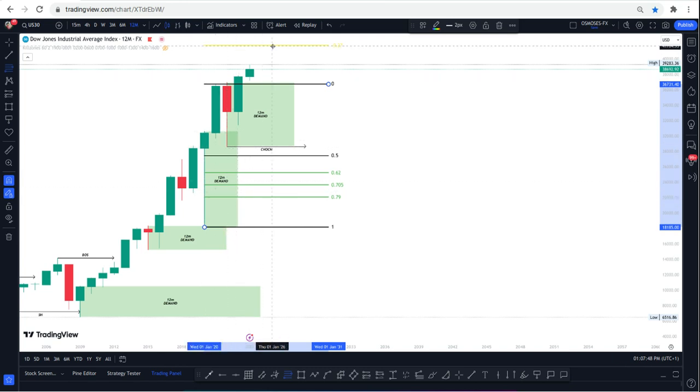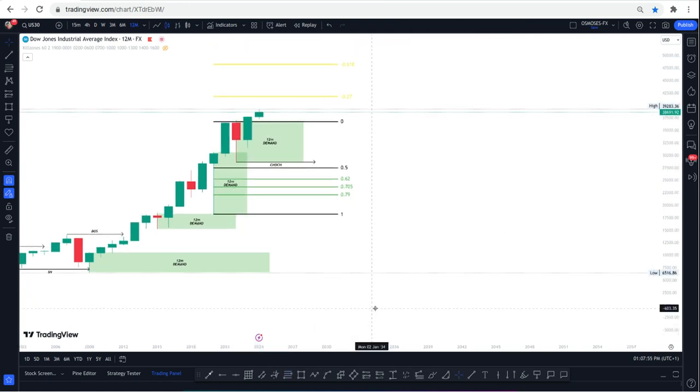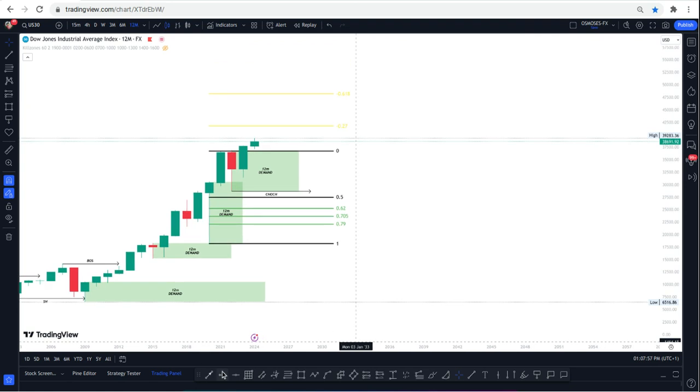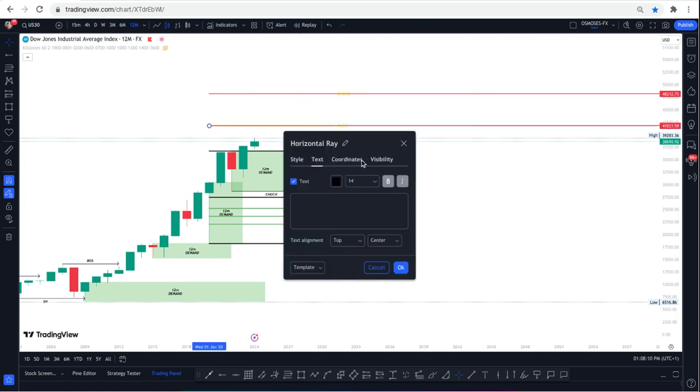So our next profit target will be here. I have here to be my next profit target. So I have two zones to be my next profit target.